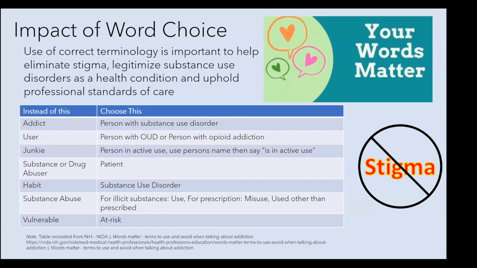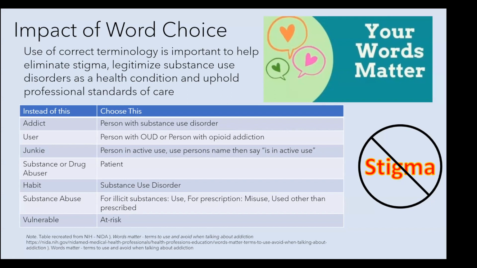And then I just want to go over the impact of word choice. Inappropriate word choice can be embarrassing, hurtful, and have oppressive connotations. It can potentially contribute to stigma. So we want to make sure that we're using empathetic and appropriate language when treating our patients.